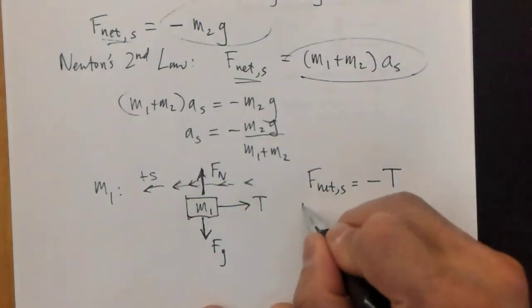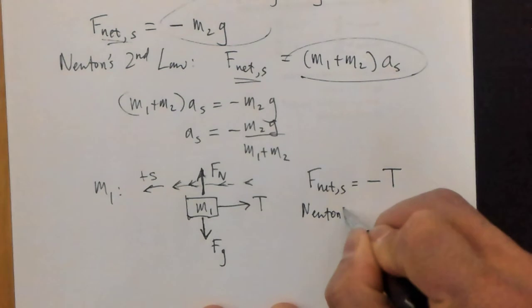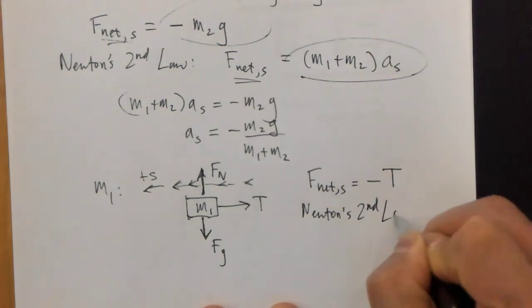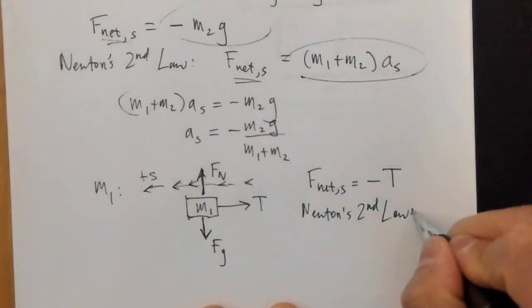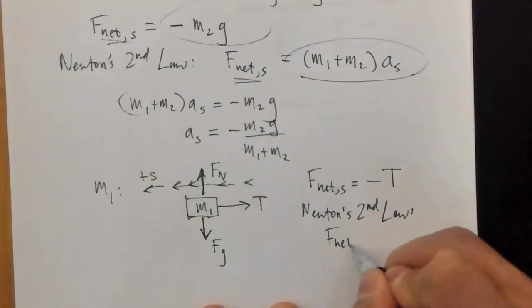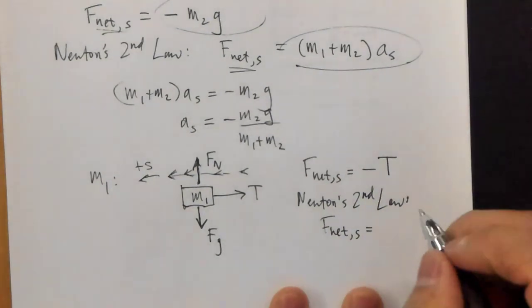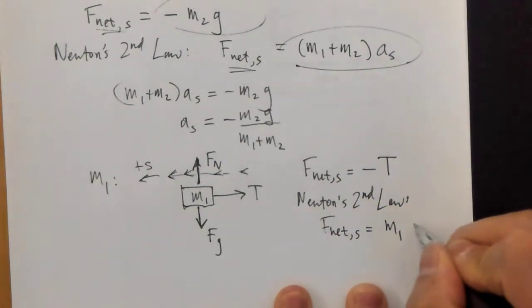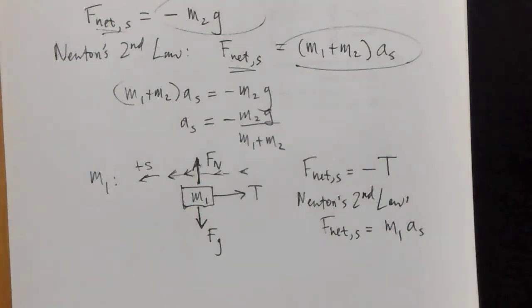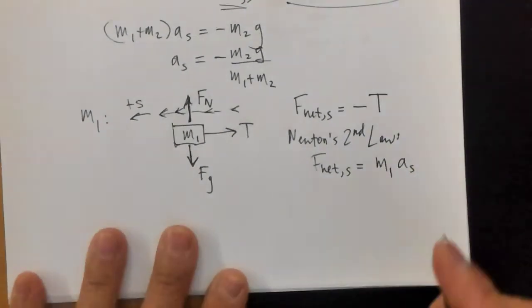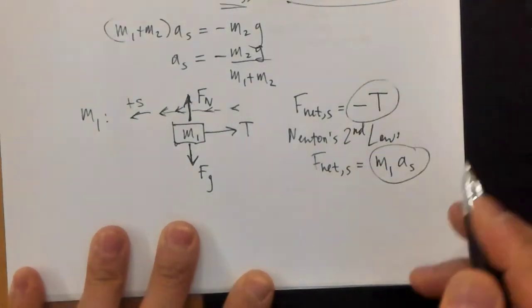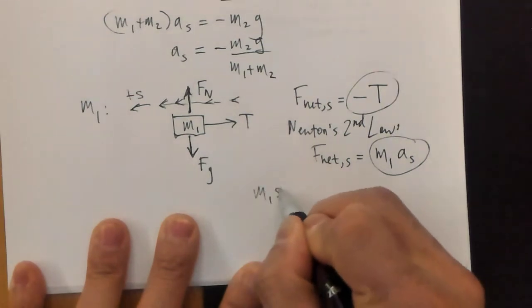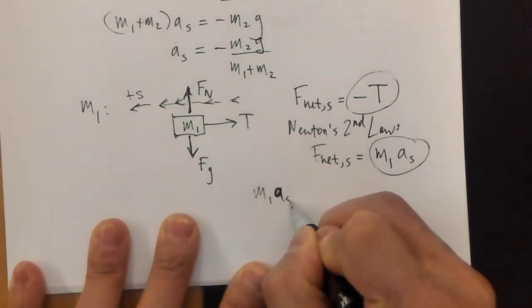And then we use Newton's second law. Newton's second law tells me that the net force in the s direction must be equal to the mass, which is m1 in this case, times a_s. So now we have two formulas for the net force.